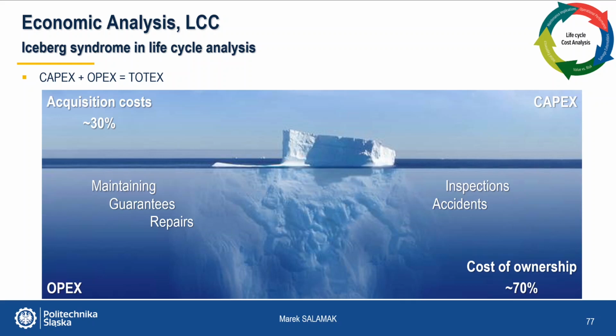On the other hand, the costs of ownership, for example, use and maintenance, which are in OPEX, hidden at this stage, are overlooked or underestimated. Meanwhile, they can be as much as 70% of total costs, which are called total expenditure or otherwise TOTEX.